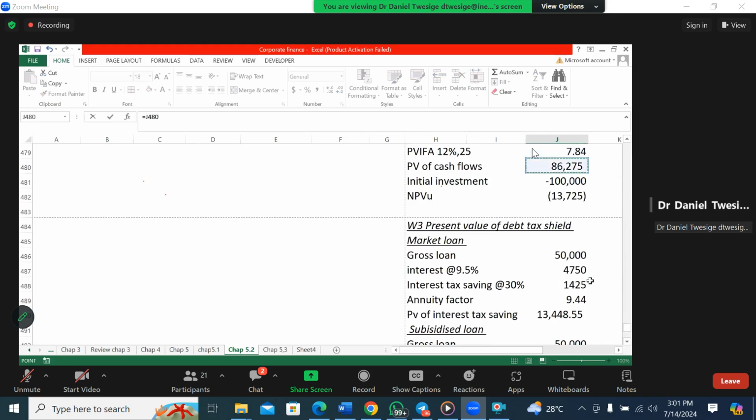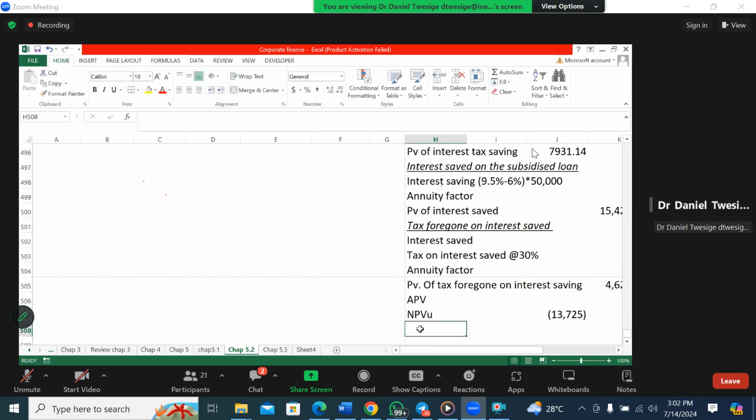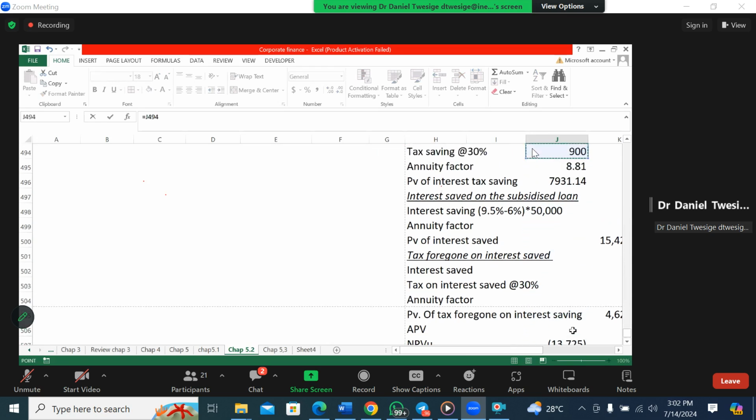Then we have the PV interest on a market loan, which we calculated as this one.